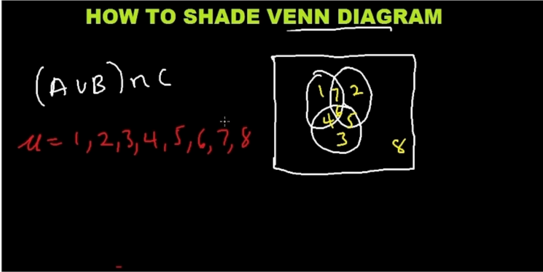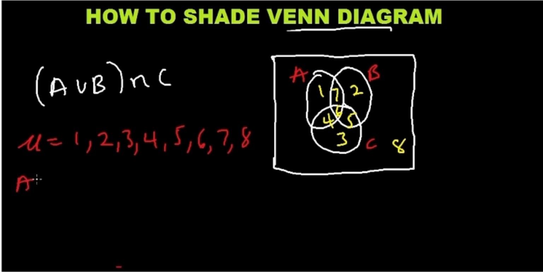Okay, that's my universal set. So we need to get our A, B, C. Okay, let me number this one. This is A, my B, and my C.